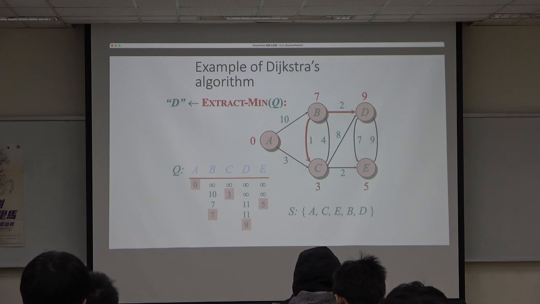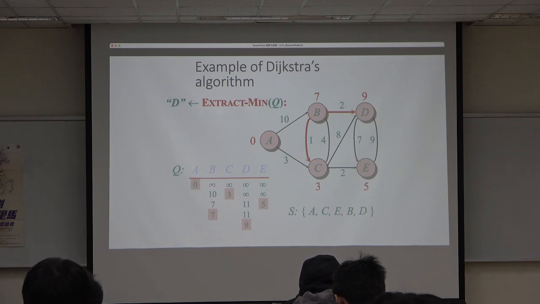By the way, I want to remind you, take a look. Why do I say the next one you pick is guaranteed to be the shortest? When you pick C, the A to be picked initially is a given, right? Everybody knows A has to be picked first. But when you pick C, I told you that C will be the shortest path. Because think about this.